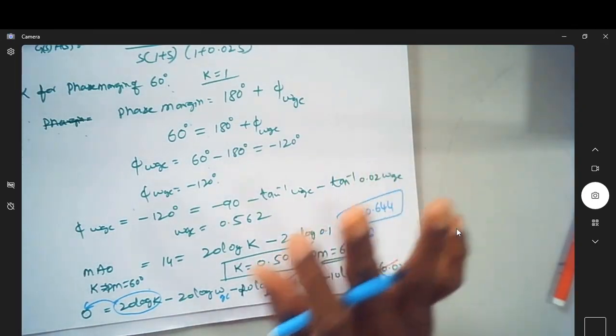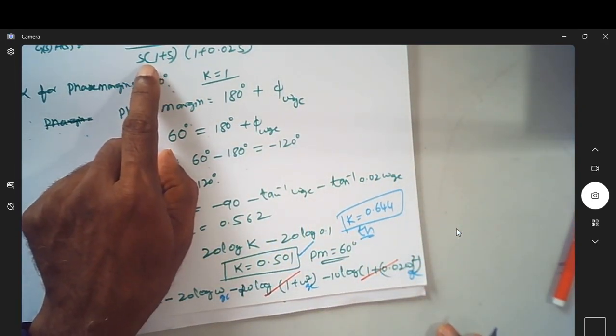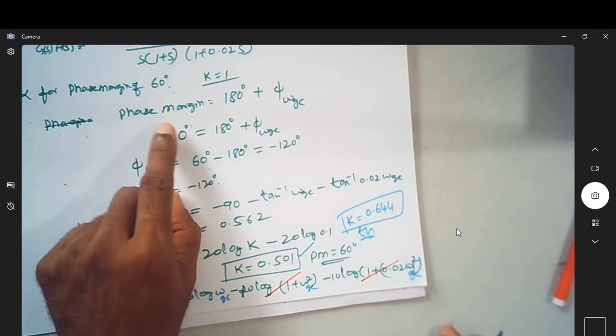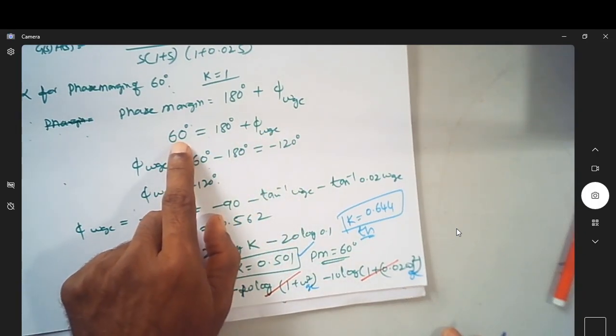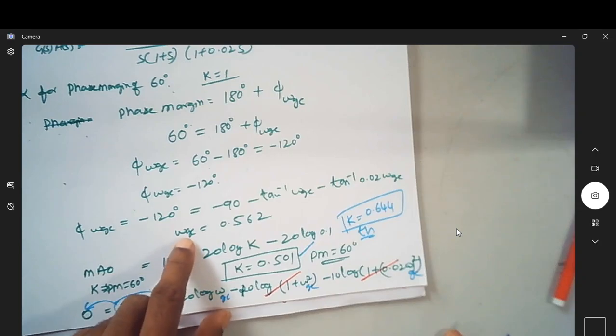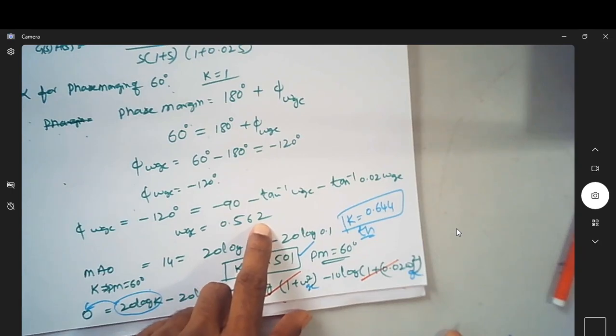Now it's very simple. You start with the given equation, try to find out what is phi of omega GC for a phase margin of 60 degrees, which happens to be minus 120 degrees. So find that omega GC which results in a phase of minus 120 degrees, which is this.